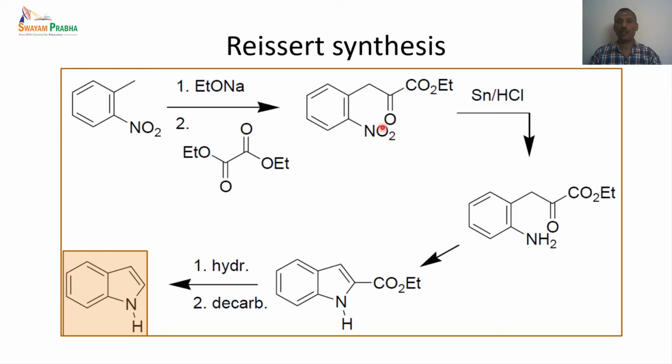The nitro group is further reduced by tin and HCl to the amino group, and this undergoes cyclization because this nitrogen having the lone pair is now more nucleophilic, so this can attack this electrophilic carbonyl carbon, and the cyclization leads to this particular product. Hydrolysis of this ester and decarboxylation finally gives the indole.